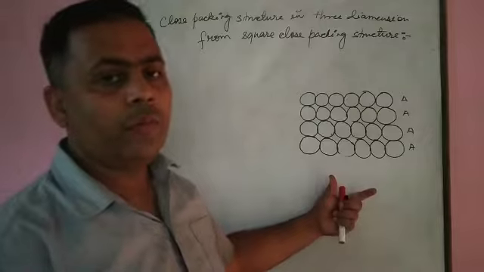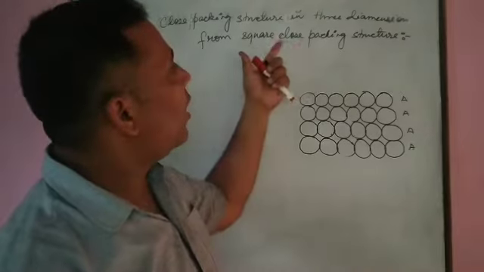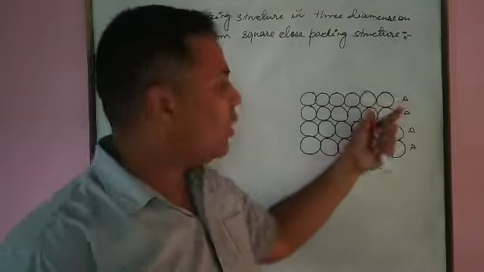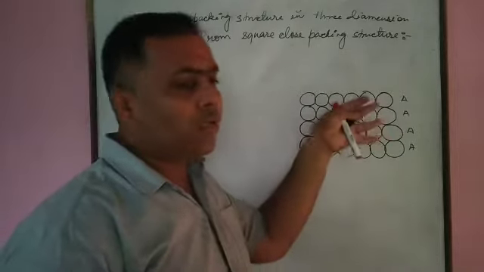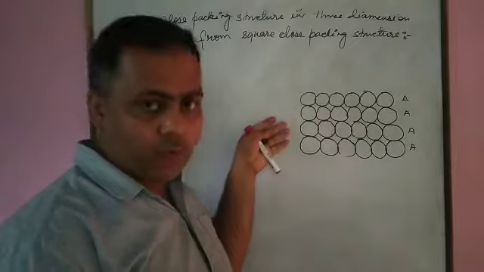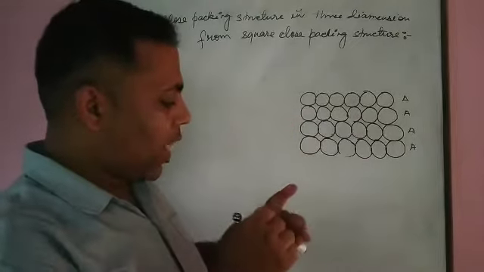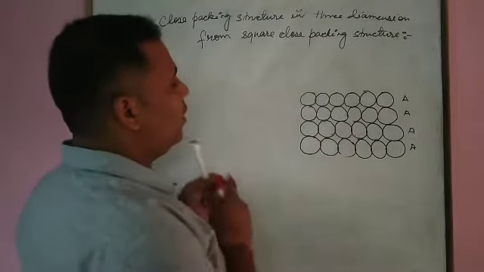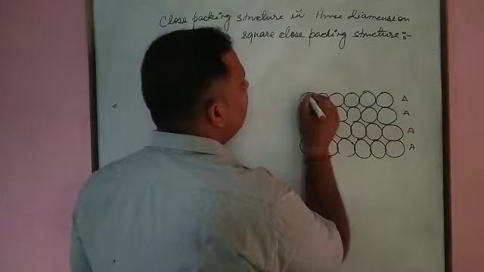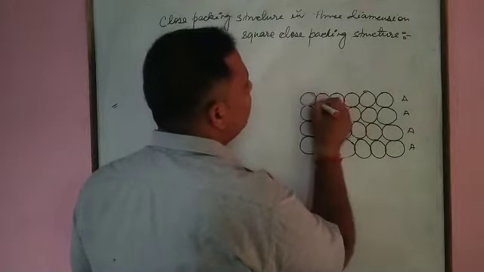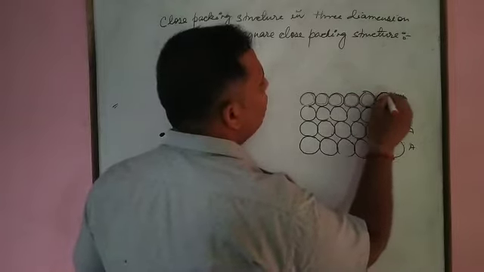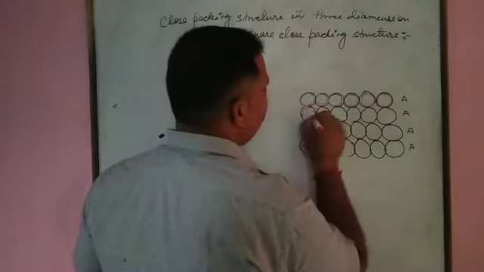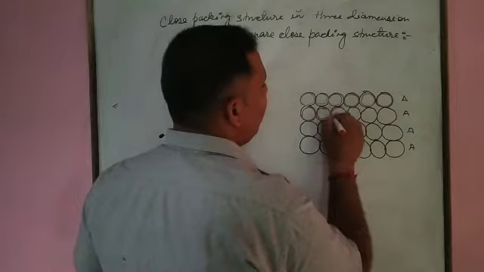Above this row, we have another square closed packing structure, and we will place that structure above it, which is identical to the first layer. Suppose I am going to draw the next layer in red. It is just above the first layer. These red color spheres are above the black color spheres.